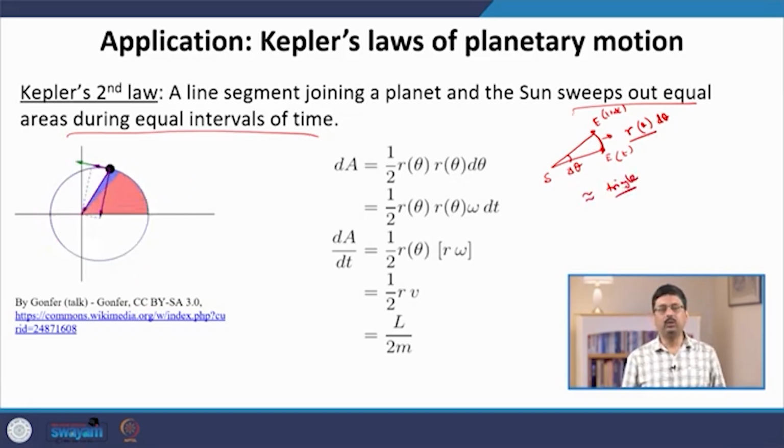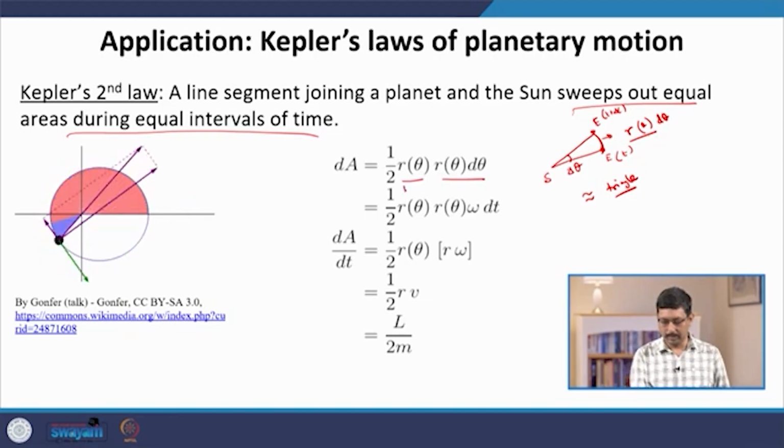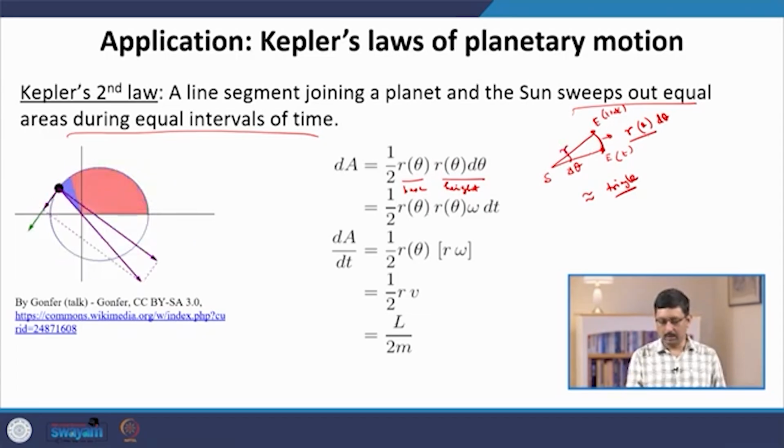You can use the formula for the area of a triangle, half into base into height. So this is the base and this is the height, and so you get half times r times d theta.